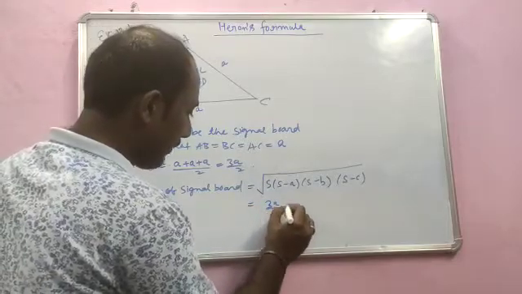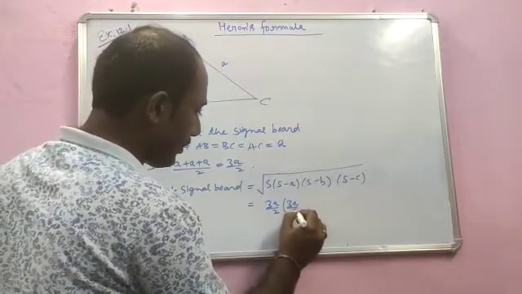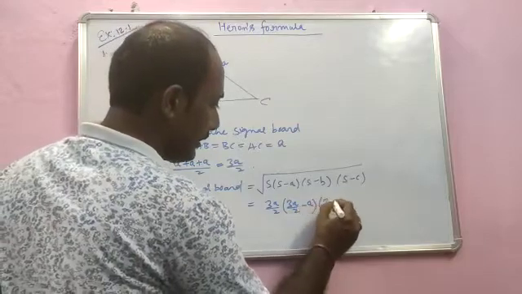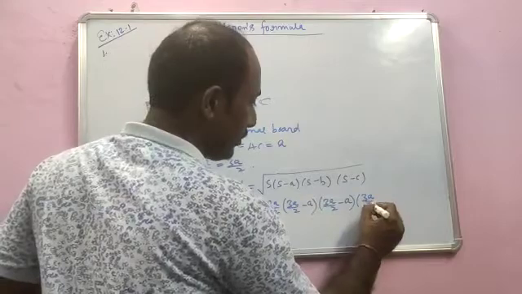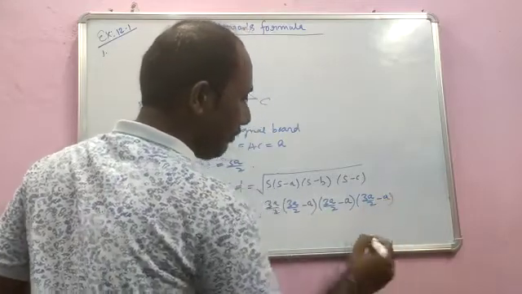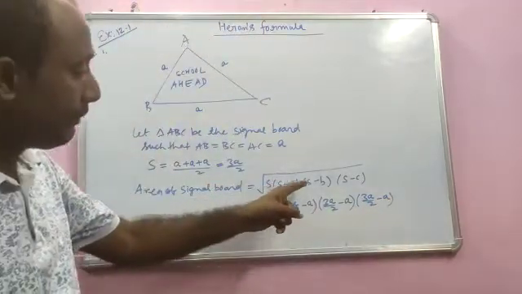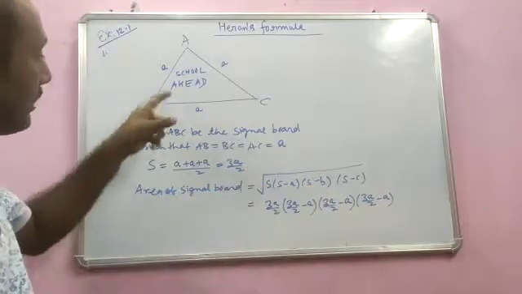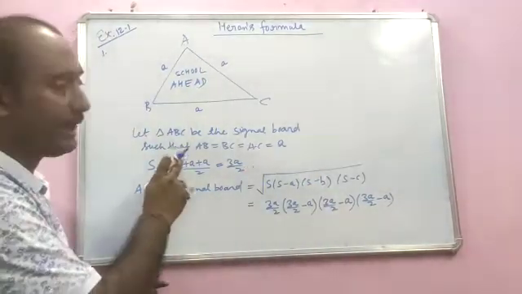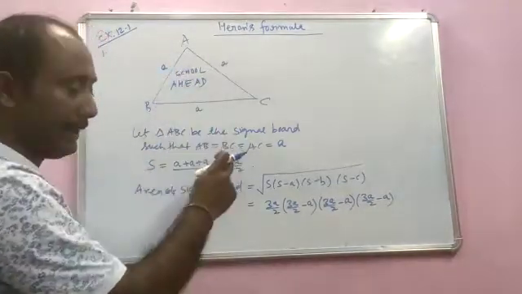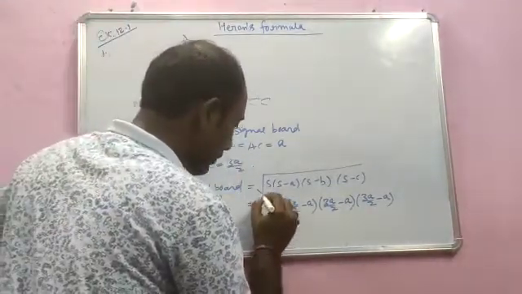It is 3a by 2 into (3a by 2 minus a), (3a by 2 minus a), (3a by 2 minus a). Because the lengths of all sides are equal to a each, and the semi-perimeter we calculated is 3a by 2. This will be in the square root sign.